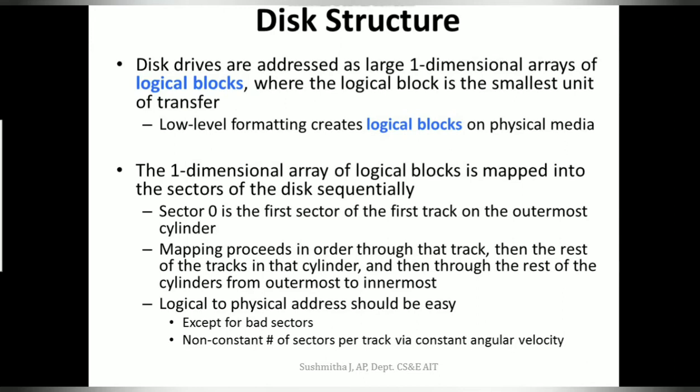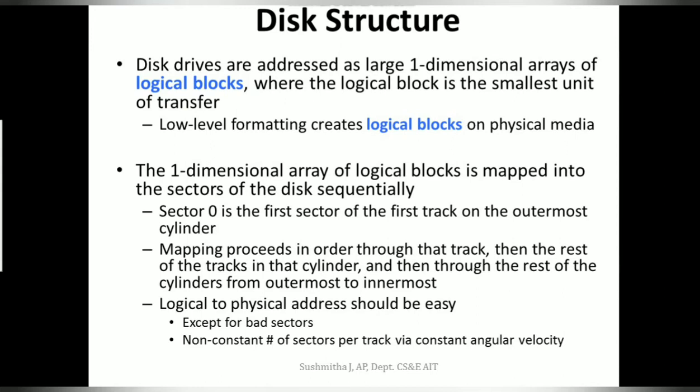We have seen it in many examples in the previous modules where we address block number 10, block number 20, 25. This is the logical address that is known by the application. The logical block is the smallest unit of transfer from the disk to the main memory or from the main memory to the disk.